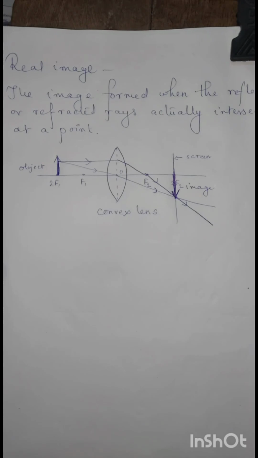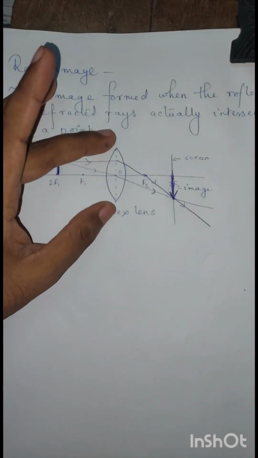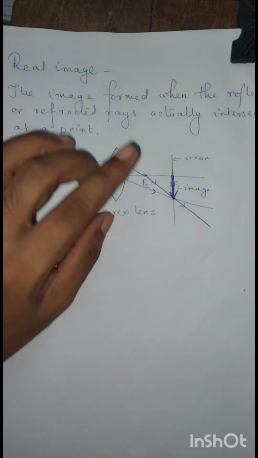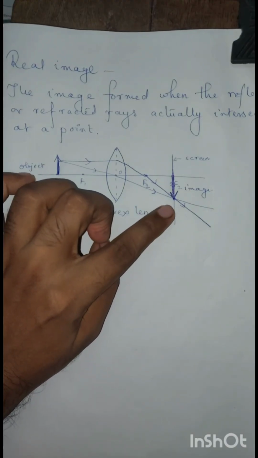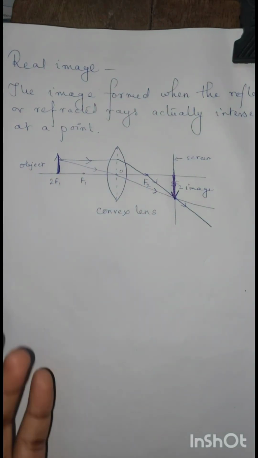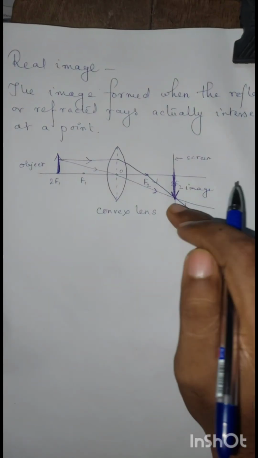Okay, so in this case we are observing two rays are coming and getting refracted through a lens and meeting at a certain point. So when these two rays get intersected, at that point, if we place a screen, we get an image or optical copy of the original object. This kind of image is called real image, where the light rays actually get intersected.